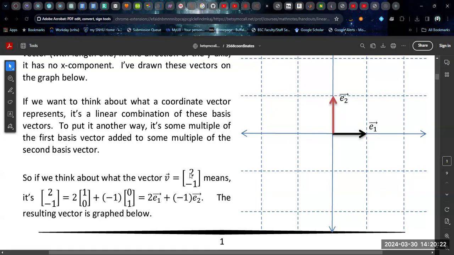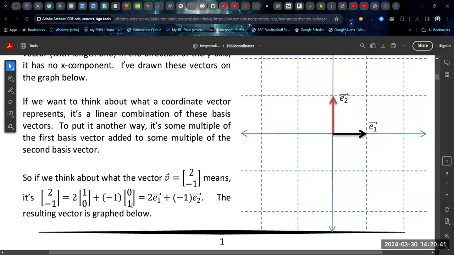So 2 in this position means it's 2 times e1, my first standard basis vector, and the bottom component means that I'm taking -1 times the y basis vector, which would be e2 in linear algebra.